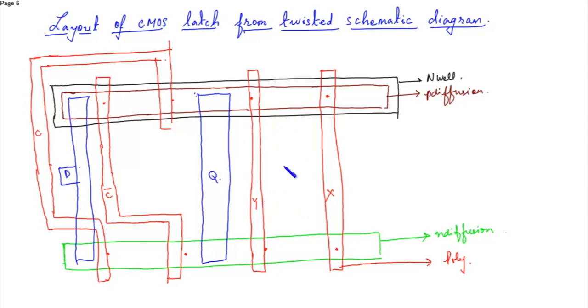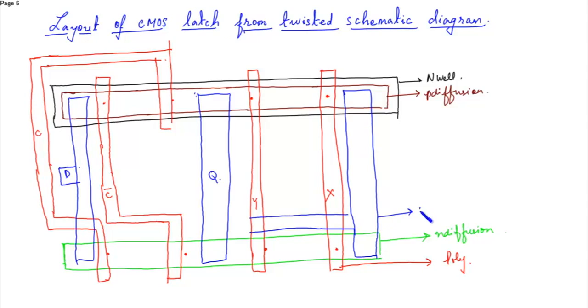This is Q, this is Y, the output of Y, and here we'll get the output of X. The output of the X inverter, that is X bar, is nothing but Y. So connect from here to here.